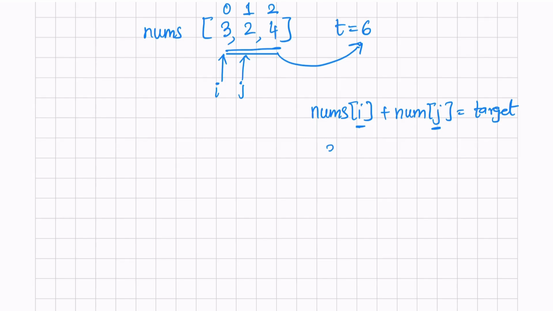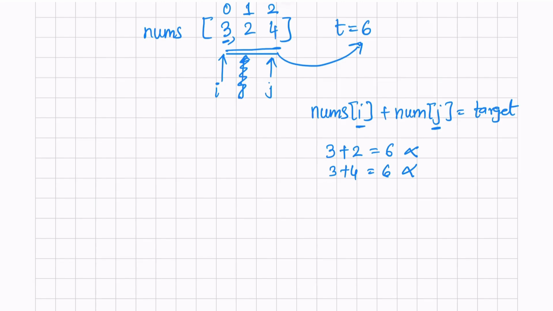So our first calculation will be 3 plus 2. Is it equal to 6? The answer is no. We simply move the j pointer to the next number. We check again. Is 3 plus 4 equal to 6? No. That's it. We have checked 3 with every other number in our input.